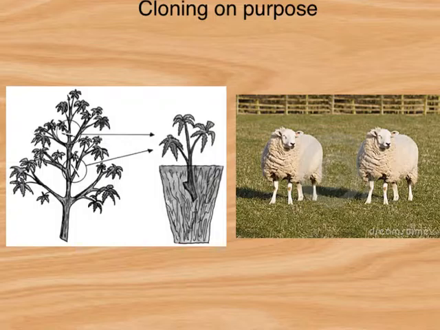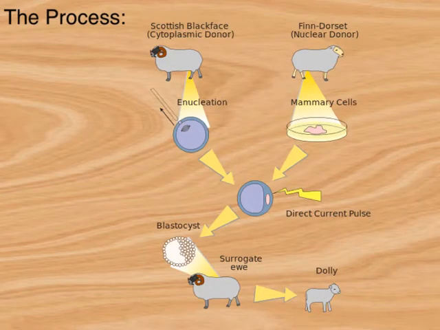This is the basis of cloning on purpose. Initially, when people started performing cloning techniques on animals, they only used stem cells. That limited people in what they thought could happen, and the future of cloning was becoming narrow.